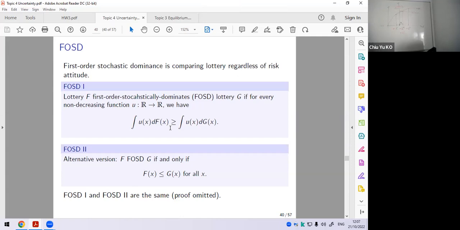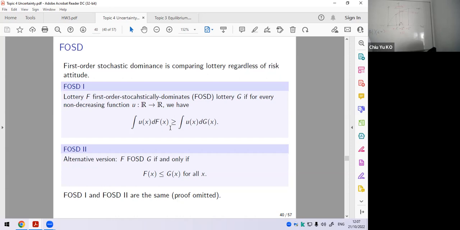This is the F and G, right? And it must go from 0 to 1, because it's a CDF, right? Because F of X is the probability that X is less than or equal to x. G is the same.